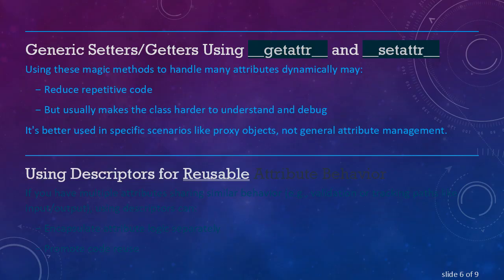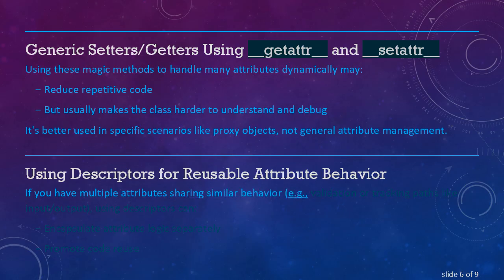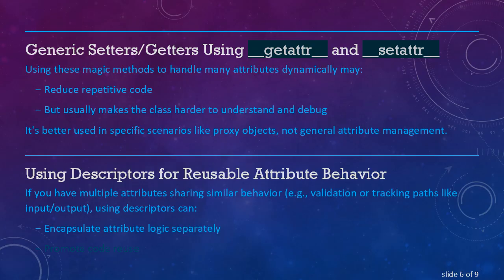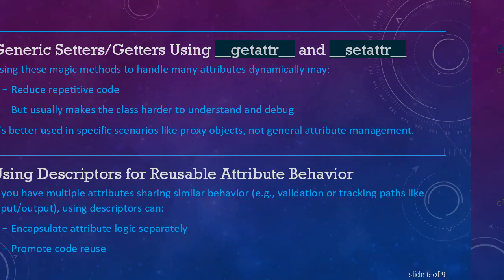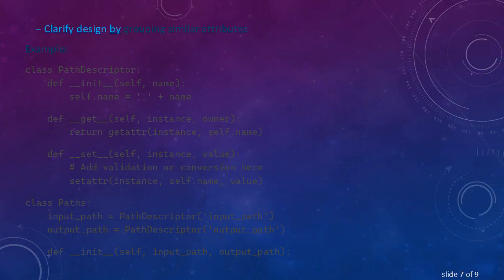Using descriptors for reusable attribute behavior. If you have multiple attributes sharing similar behavior, for example, validation, or tracking paths like input, output, using descriptors can encapsulate attribute logic separately. Promote code reuse. Clarify design by grouping similar attributes.